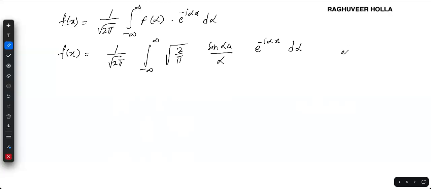Now e to the power of minus I alpha x, I can write this as cos alpha x minus I sin alpha x. So let us do that.